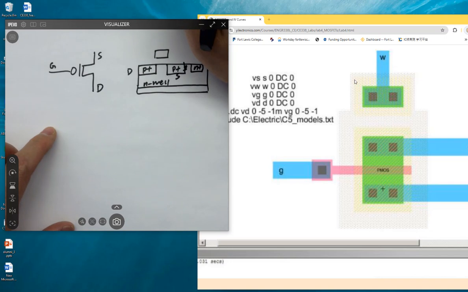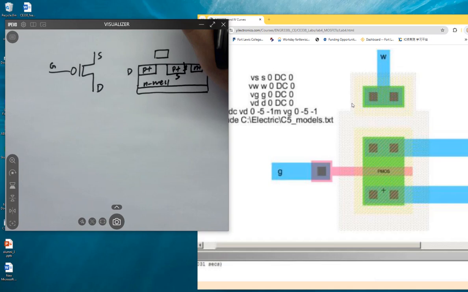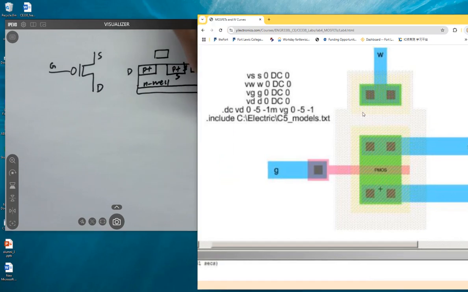You can see those little dots. The dots are part of the mask to tell the foundry to deposit an N-well into the wafer. So in that case, if you have an overlap between these dotted areas, let me zoom in one more time.